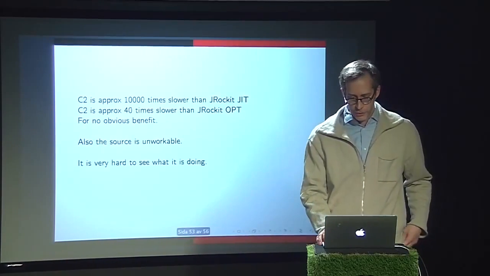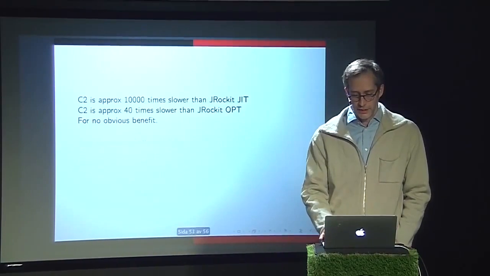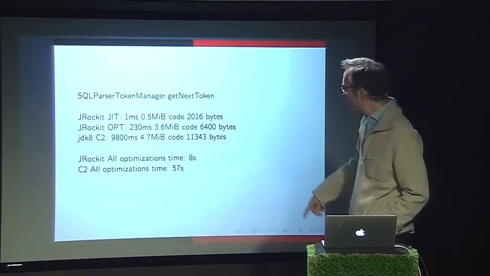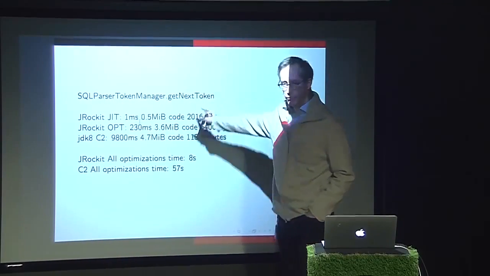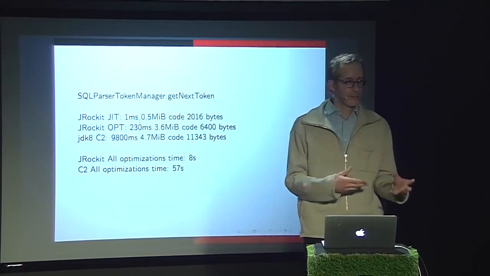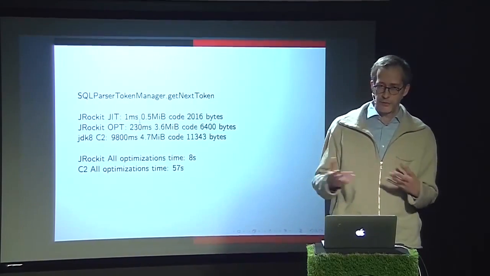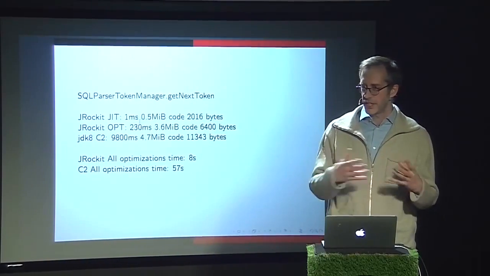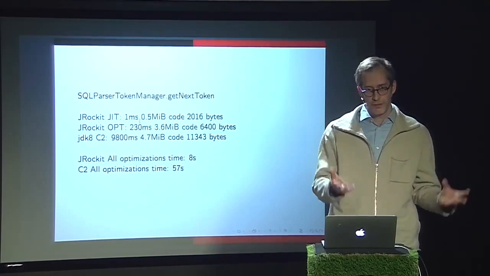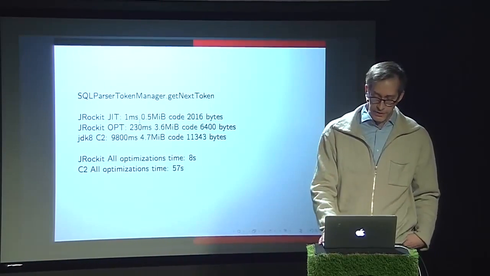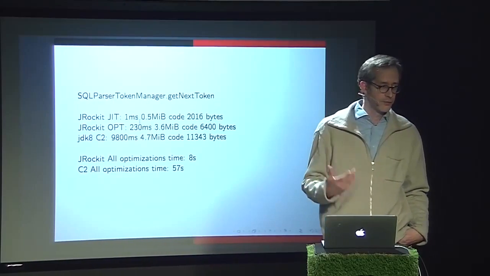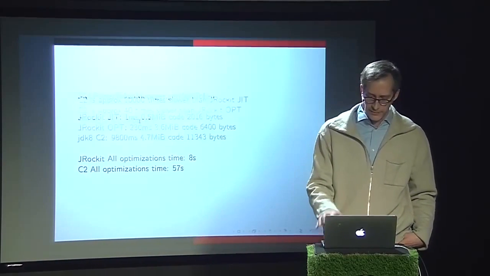But in the end, most code looks like this getNextToken code, which is really boring. It's just a switch statement invoking a lot of state machines that check the incoming tokens, parsing. It's not fun at all, just boring. And you can't do much fun optimizations on it either.